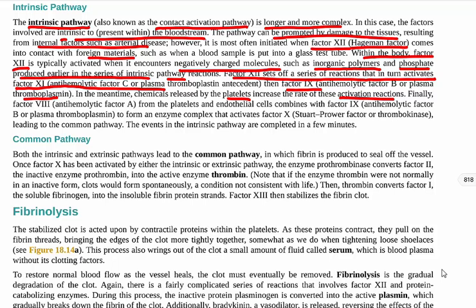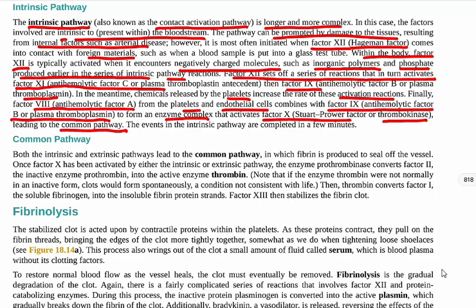So then finally, factor 8, our anti-hemolytic factor A, from the platelets and endothelial cells, combines with factor 9, anti-hemolytic factor B, or plasma thromboplasmin, to form an enzyme complex that activates factor 10, the Stewart-Prower factor, or thrombokinase, leading to the common pathway.